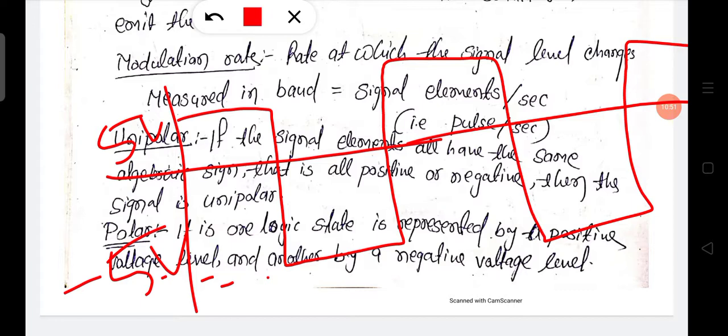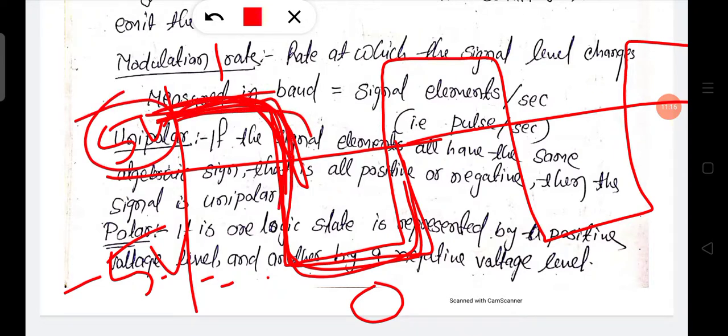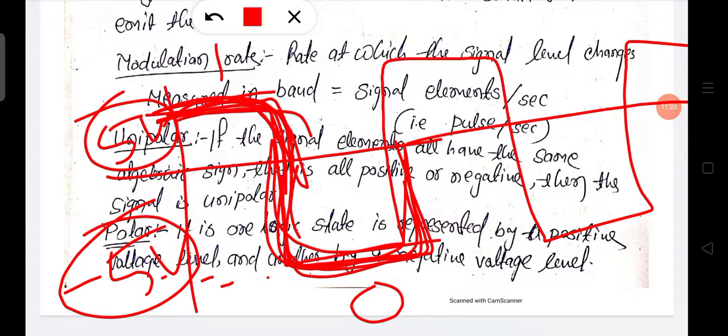This one logic state is, let's say, 1, and this other logic state is, let's say, 0. One is a positive voltage level, 5 volt, and the other is a negative voltage level, minus 5 volt. Both are called polar.